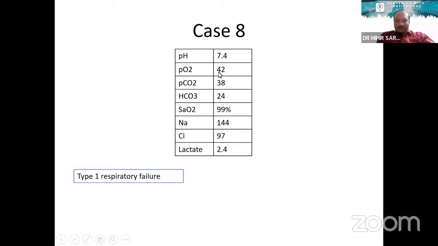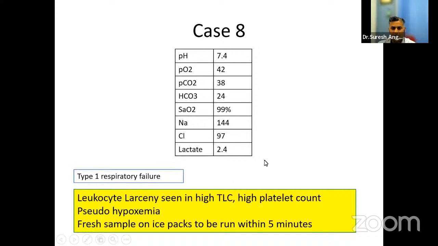Just by looking at the blood gas by PO2, one may say that it is type 1 respiratory failure, but it is due to the high leukocyte count in this patient and high platelet count, which can lead to pseudohypoxemia. So the solution to such a problem is that after obtaining the sample, we should keep the sample on ice and process it as soon as possible, because otherwise the leukocytes will consume the oxygen.